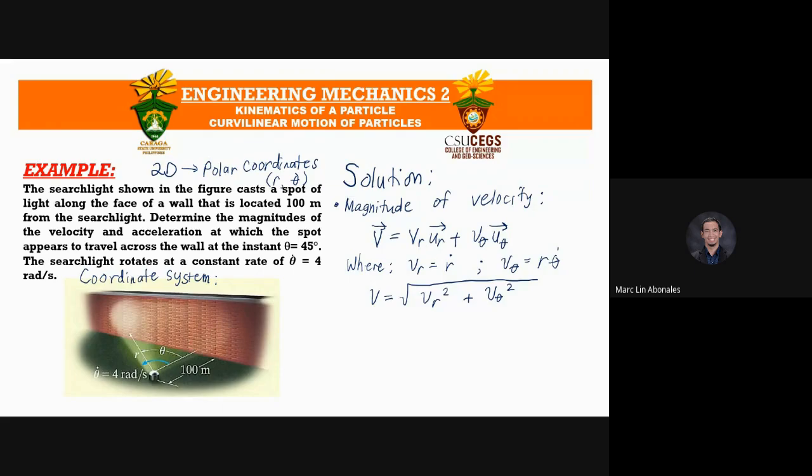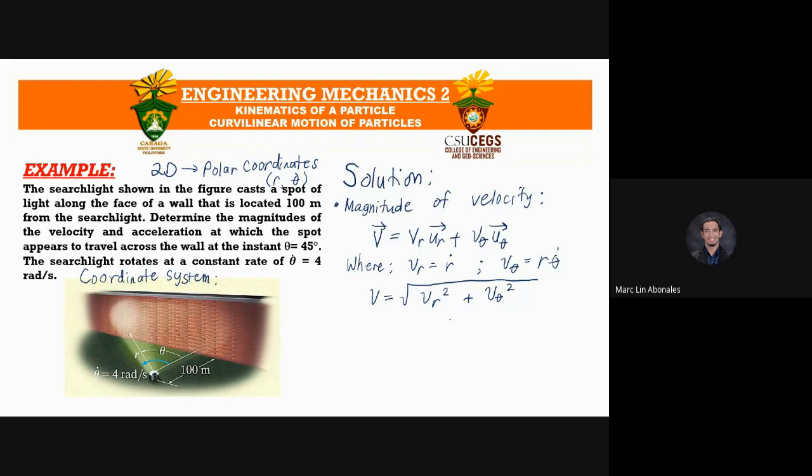So we need to determine the R, the equation of R, or the radial equation, so that we can determine the value for our VR and V theta, so that we can use it to determine the magnitude of our velocity. Okay, the theta dot or the angular velocity is already given in our problem, which is 4 radians per second.